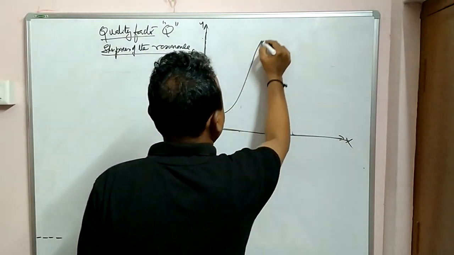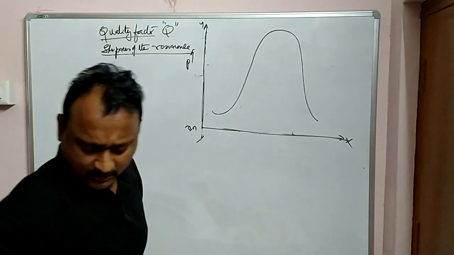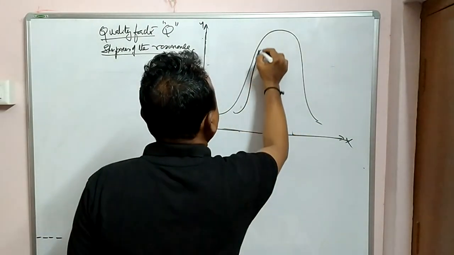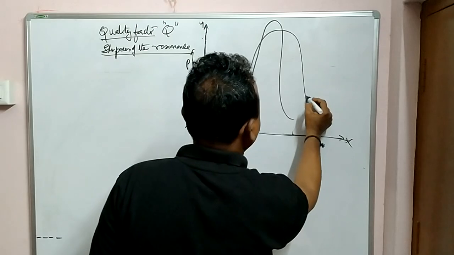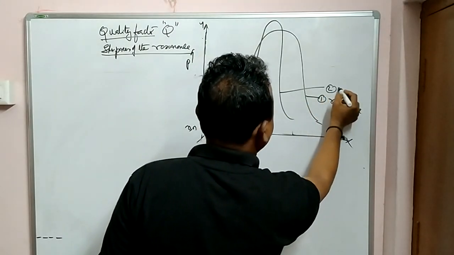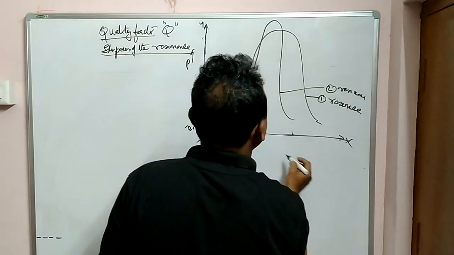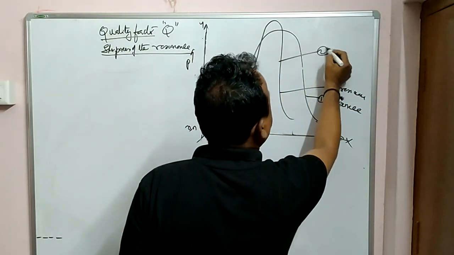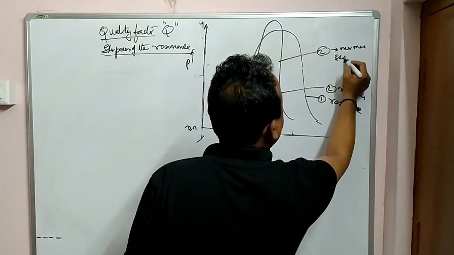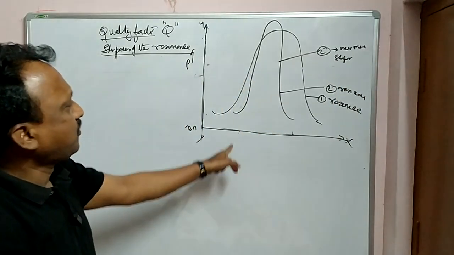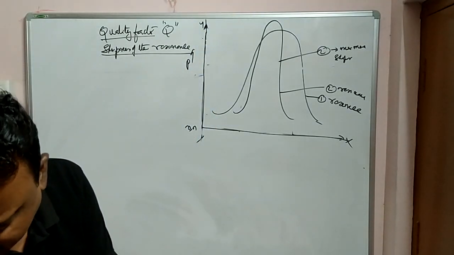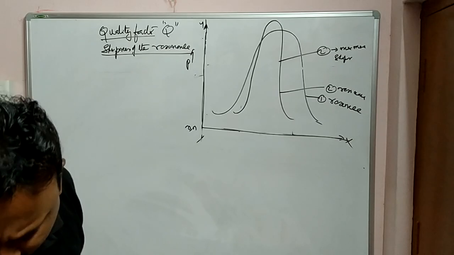This is one graph, and this is another graph. Suppose this is the first resonance condition and this is the second. If you observe, the second one is sharper than the first one.